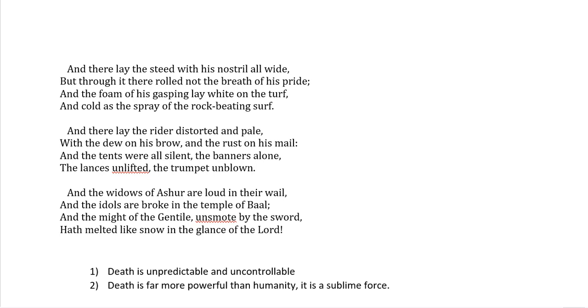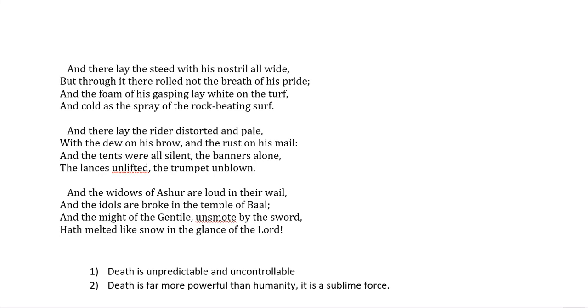And the might of the Gentile, unsmote by the sword, has melted like snow in the glance of the Lord. So there are Jews and Gentiles. The Assyrians are Gentiles, and the strength, the might of the Gentile has been melted like snow.